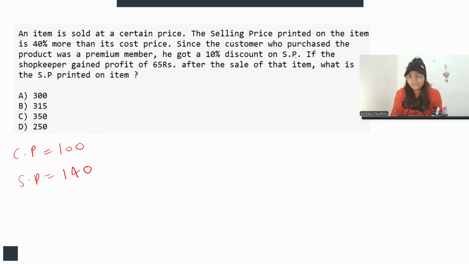Now, since the customer who purchased the product was a premium member, that means an important customer, he got a 10% discount on the selling price. Because the customer is important, they gave the discount that you have 10% discount on your SP.